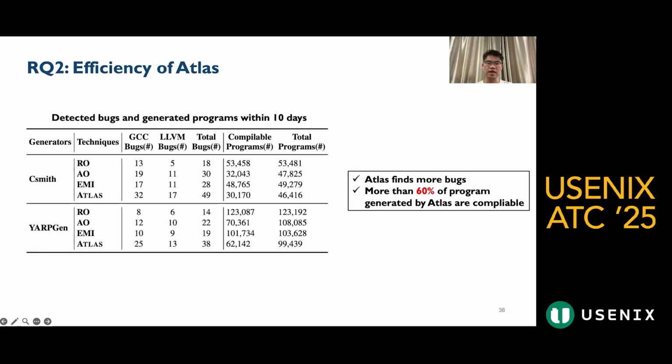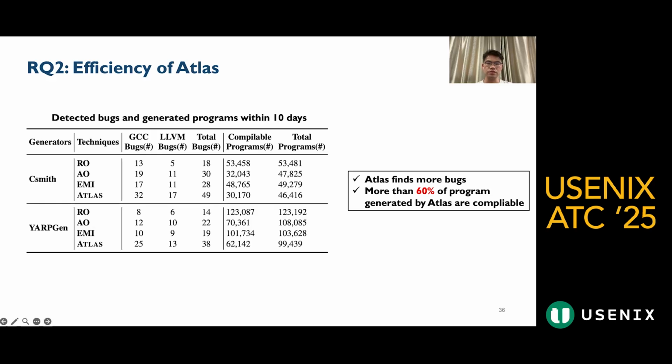On the efficiency side, we ran Atlas alongside other baseline methods for 10 days. These experiments were conducted on older compiler versions, such as GCC 5 and LLVM 5, and we used the bug-introducing commit to measure the number of bugs.